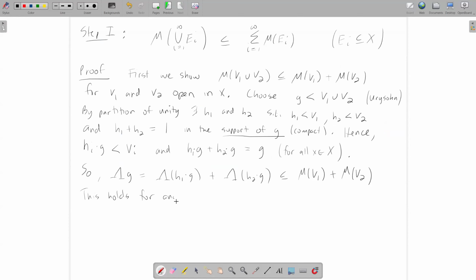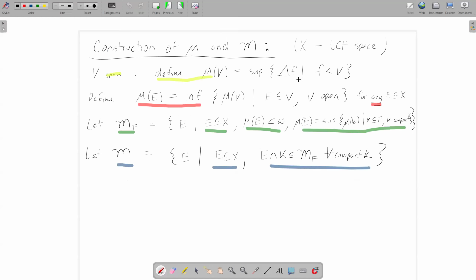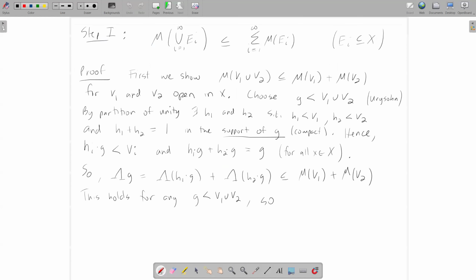for any g less than v1 union v2. So that means that if we take the supremum, right? So again, let's go back. It's the supremum of these, right? So the measure of the union is the supremum of the functions that are less than that union. So that means that the measure of v1 union v2 is less than or equal to mu of v1 plus mu of v2.